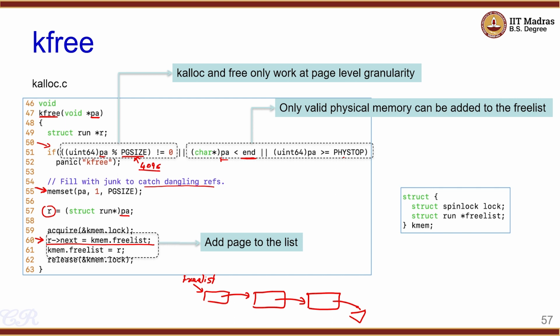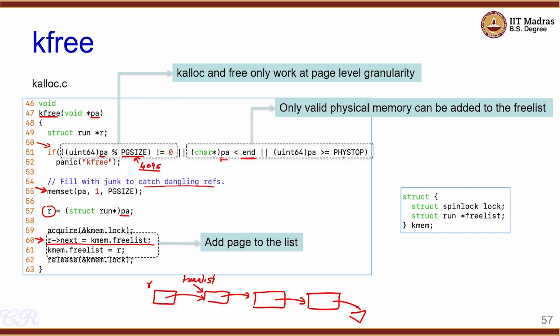And now what we have done is we want to insert the new page into this free list. So this is our R. In this line we are saying R next is pointing to free list.